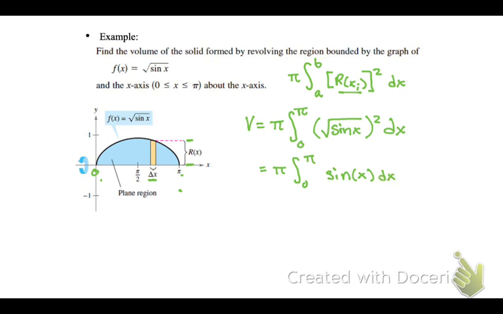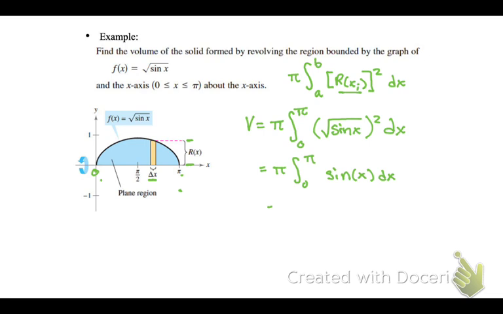Well, what's the integral of sine of x? Is it negative cosine x? I can never remember. Probably is, because the derivative of cosine is negative sine. So the integral of sine would be negative cosine.